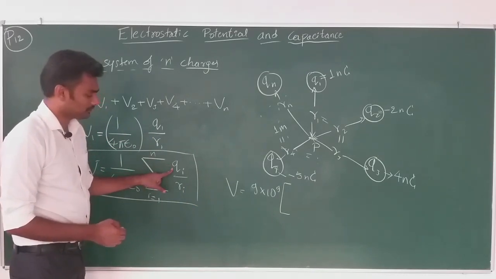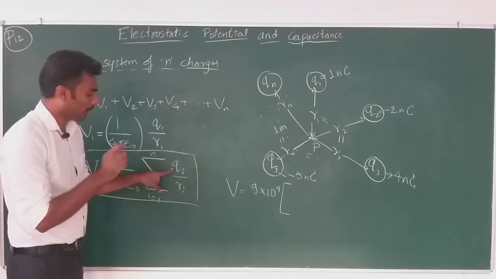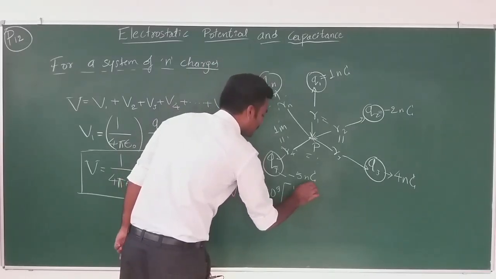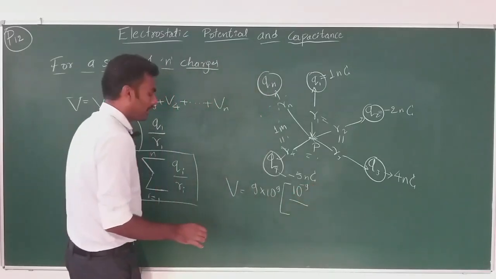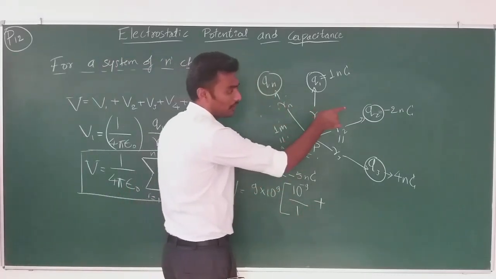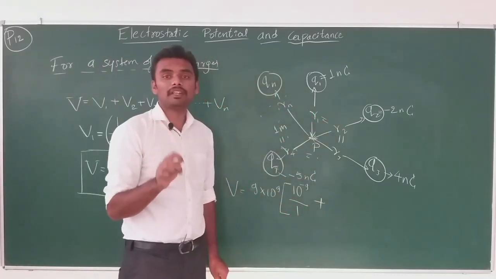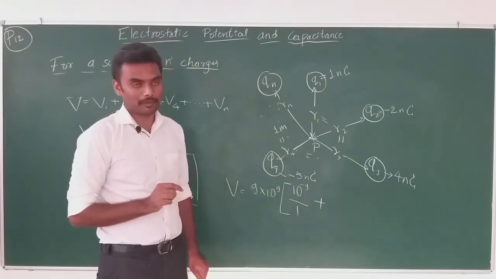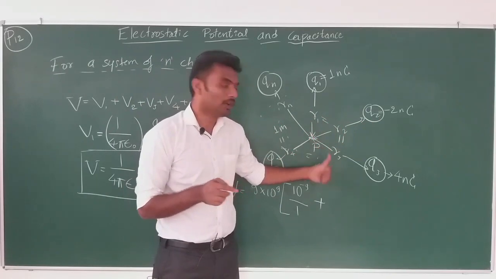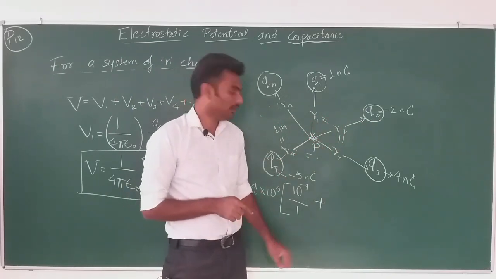What is the first term? The first term is Q1 by R1. Q1 is 1 nanocoulomb, 10 to the power of minus 9, divided by R1, which is 1 meter, plus. What is Q2? It is minus 2 nanocoulomb. Keep that in mind: due to this negative charge, the potential contributed to this point will also be negative.